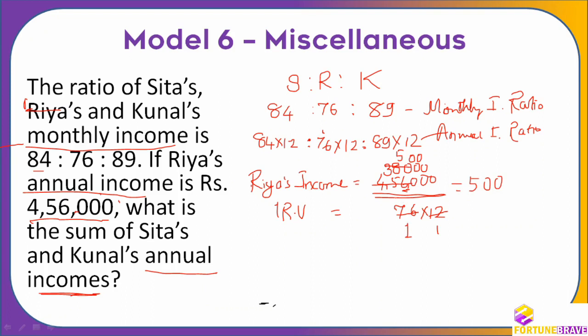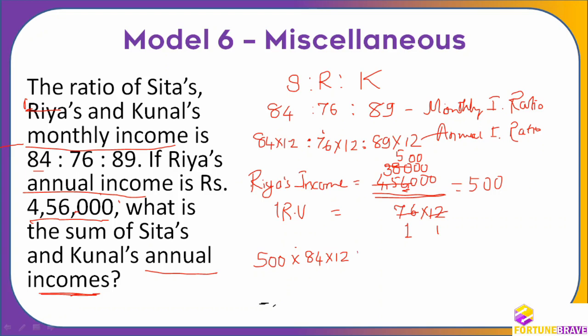Now you can ask me anything, I'll be able to solve this question. So what is the sum of Sita's and Kunal's annual income they are asking? So 500 is already there. So I'll take 500 into Sita's annual income, which will be 84, sorry, into 12, and then we have to add, right?